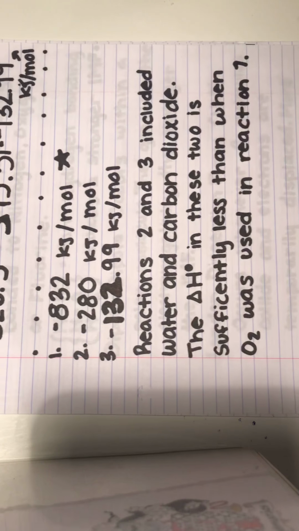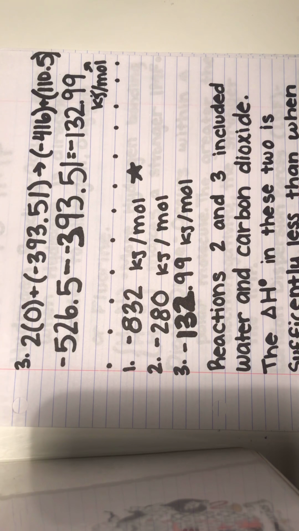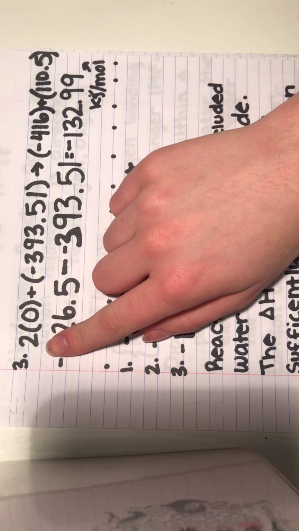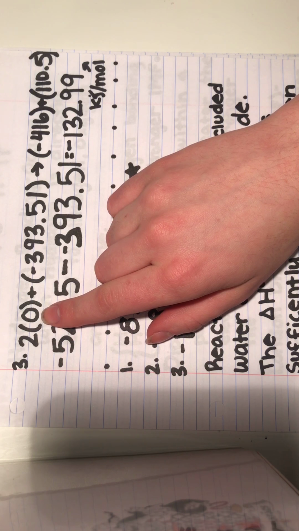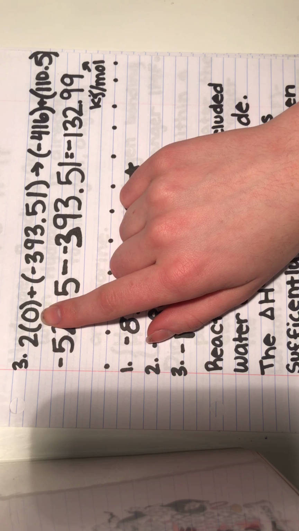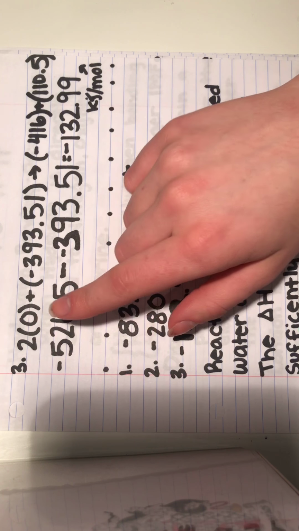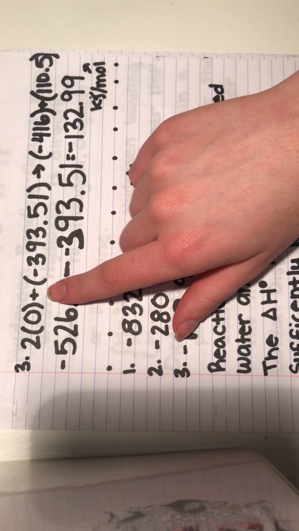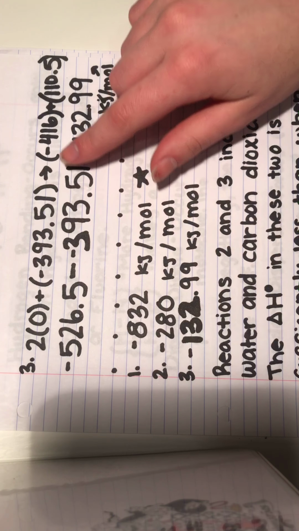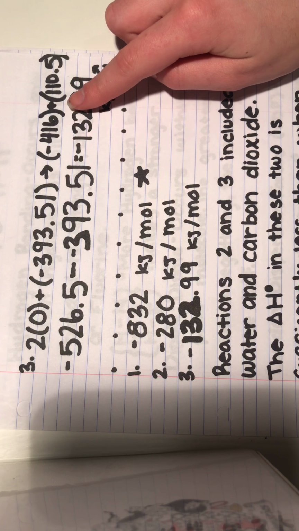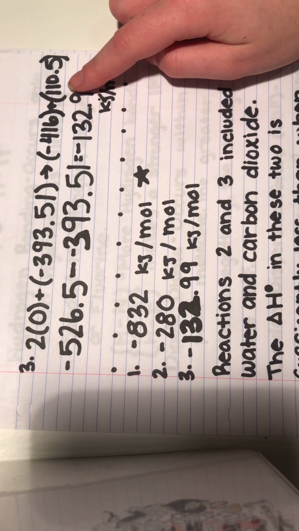Moving on to number 3, which is our last equation that we must calculate the change in enthalpy for. We have 2, the coefficient taken from the initial equation, times 0, which is the change in enthalpy for each of those individual substances, plus negative 393.51 yields negative 416 plus 110.5.